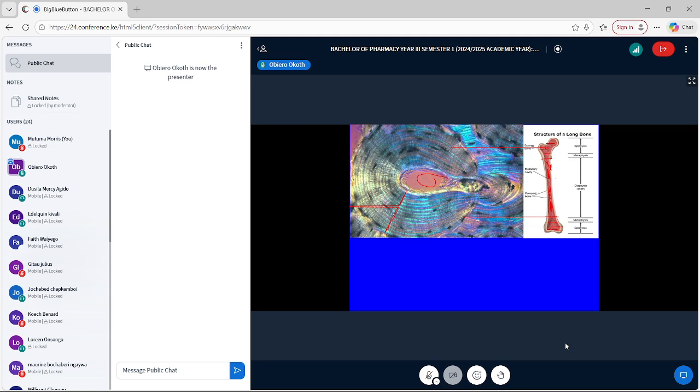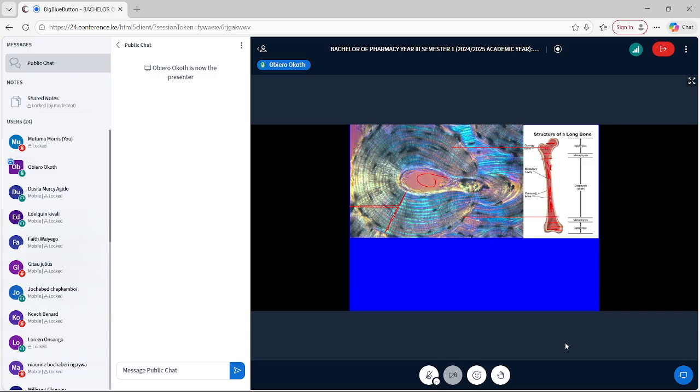I'm bringing up this concept because where tumors or infections occur will depend on the location. Is it occurring in the cortex or in the medulla? Is it occurring in the epiphysis or the diaphysis?